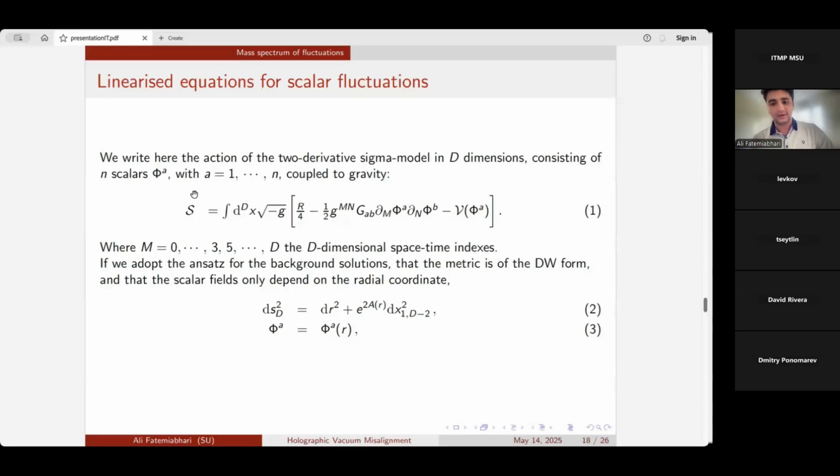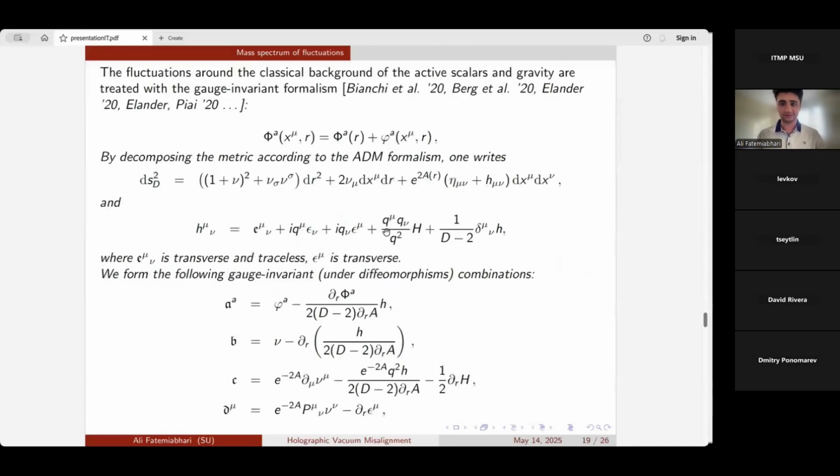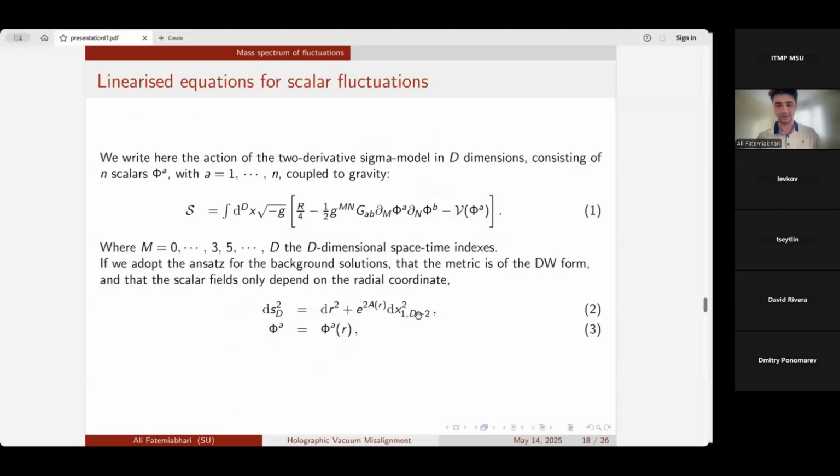So yes, we have gravity coupled to some scalars specifically, and also some other fields like vectors, but they don't take away. We want to find gauge invariant combinations for the scalars and the metric. There is a well-tested formalism for this, for scalars fluctuating around the background value, and for a metric which takes a dominant form.